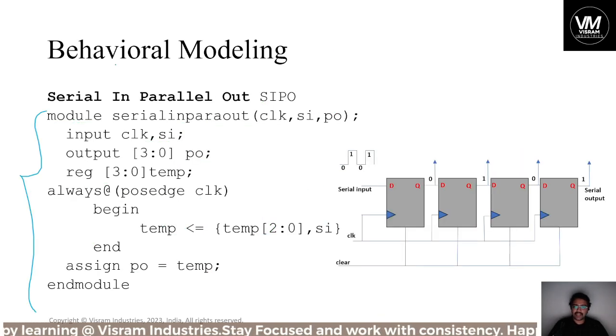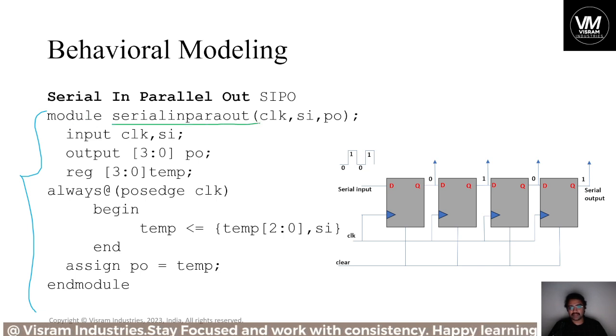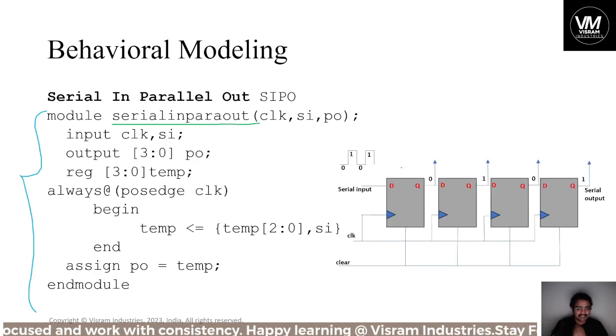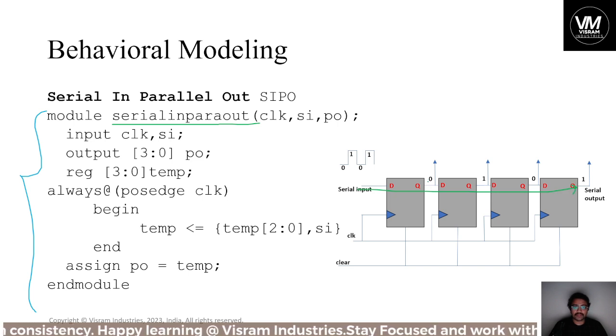Next we have serial in parallel out. Serial in parallel out is nothing but the same way the data gets through the flip-flops, and the output data is collected from the flip-flops. We have given the inputs in a sequence, right? All these inputs travel here and outputs are collected at each point with a shorter delay than the previous one.